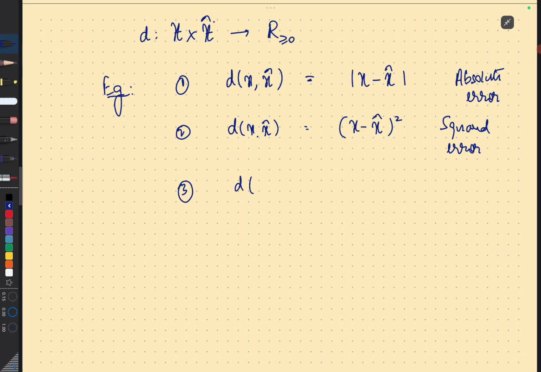Or it could be equal to 1 if x is not equal to x hat and 0 otherwise, which is called the Hamming distortion.